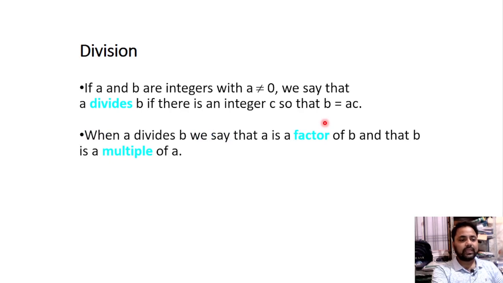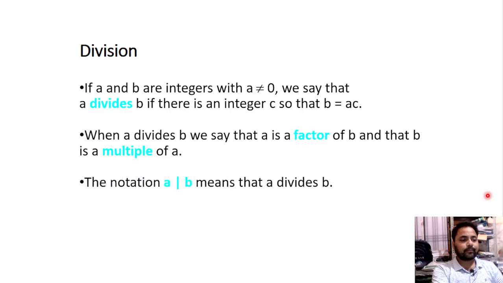When a divides b, we say that a is a factor of b and b is a multiple of a. The notation a | b means that a divides b. Here this is the symbol of divisibility.